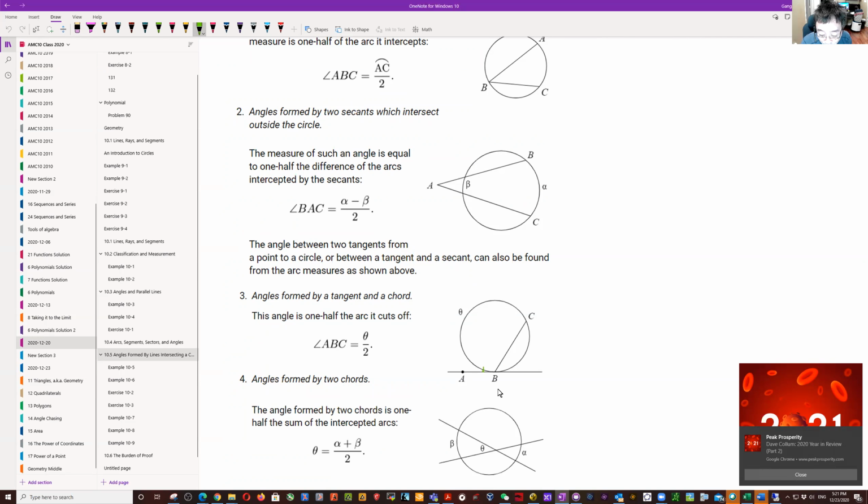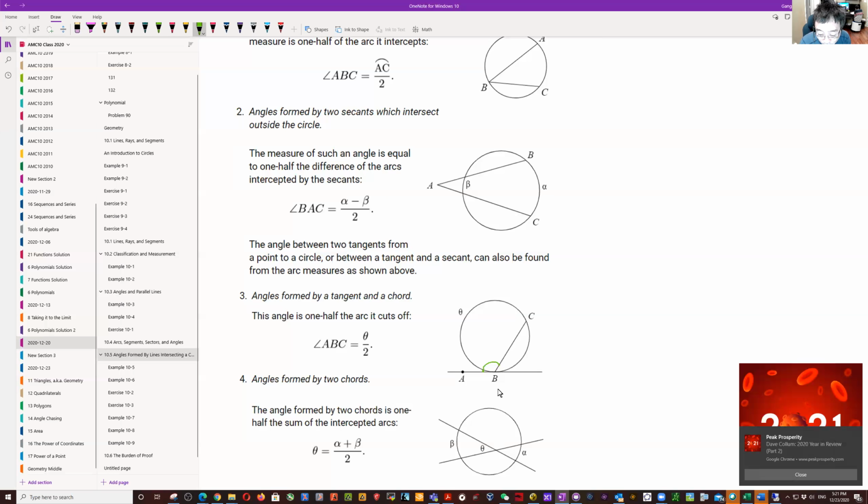The angle formed by the tangent and a chord is half of the arc the angle is facing.